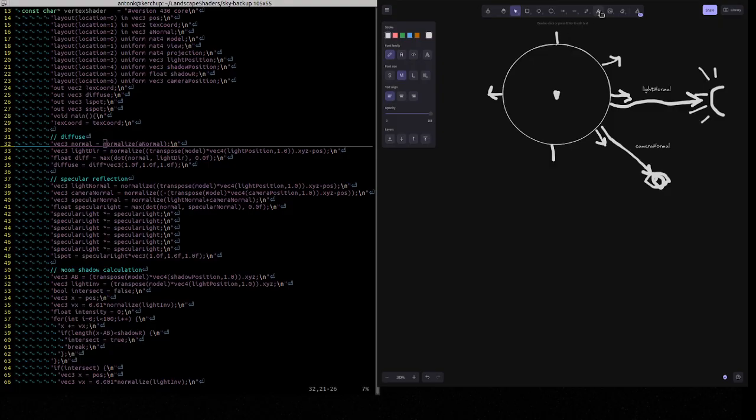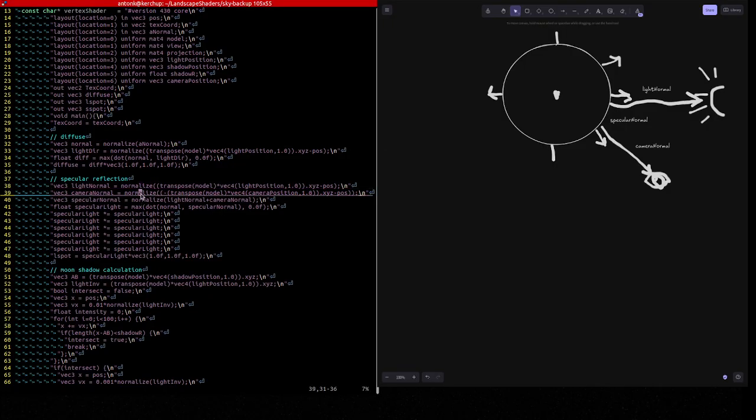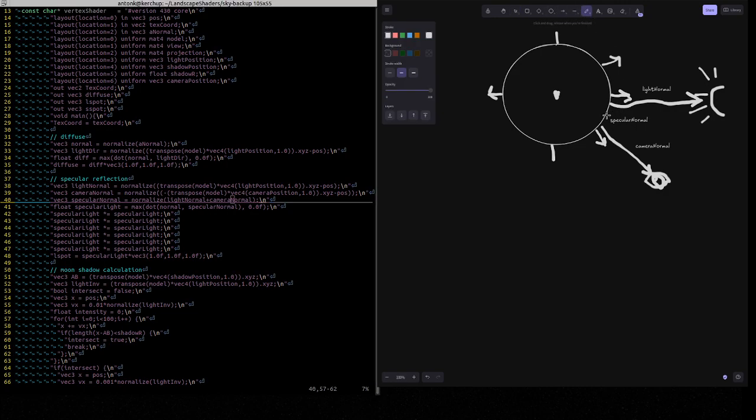And we're trying to find the average, which is going to be the specular normal. We do that by normalizing this vector and this vector, adding them together, and then normalizing again. That gives us a normal that's the average between them, like this. So this is the specular normal.